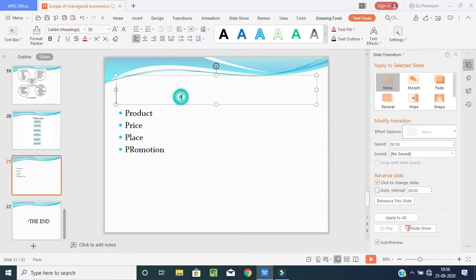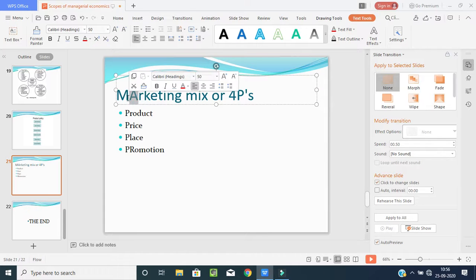Keep in mind, what's the topic? Marketing mix are 4 P's. This will be there in marketing. There is a very big topic on marketing mix for MBA students.